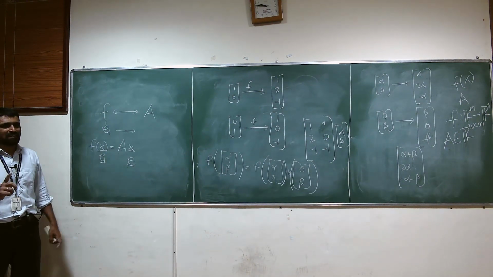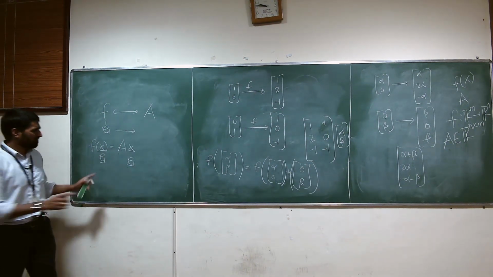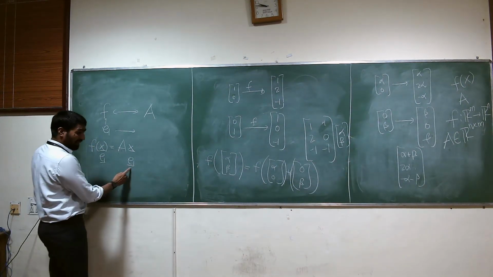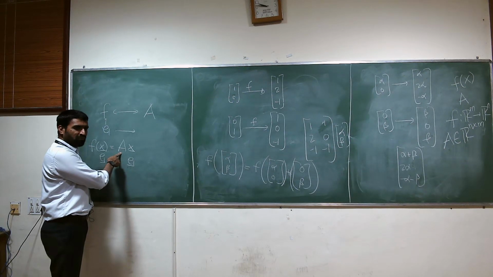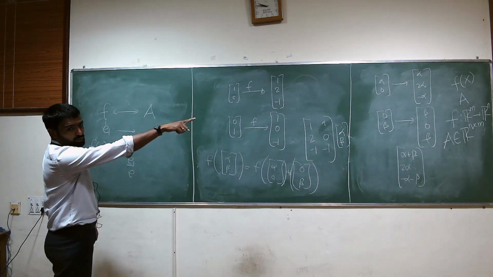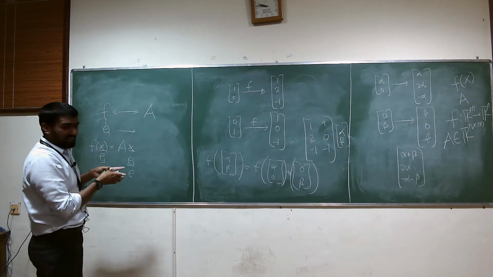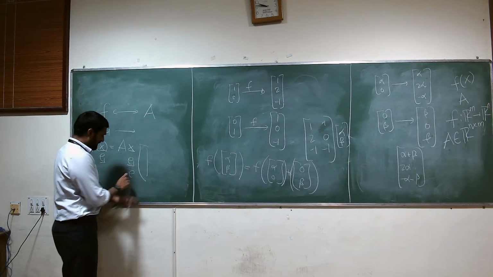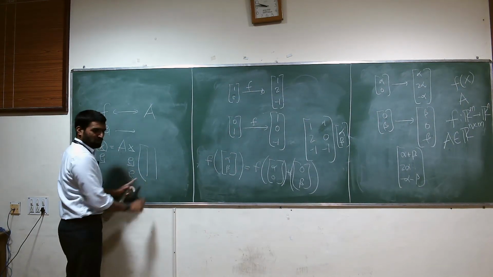First what? Hey, hold on, not the first element. What you get is a vector. Yeah, exactly. If you pass in E1, you will get the first column of A. If I pass in E1 to f, the Rn vector I get, I'll simply take that and put it in the first column. And then I put E2, whatever I get, and so on.